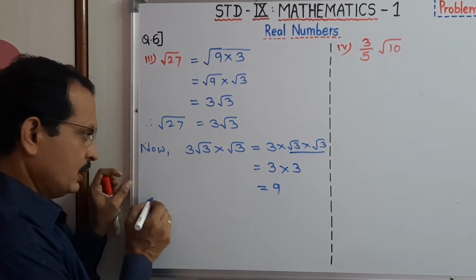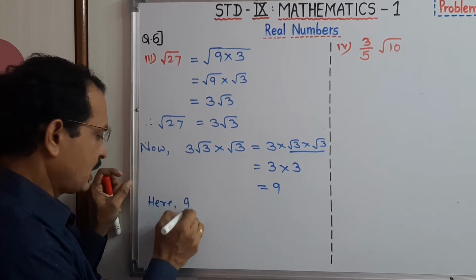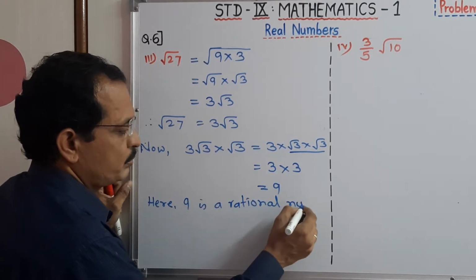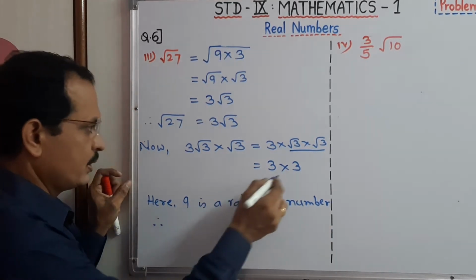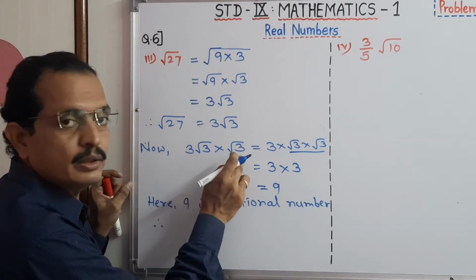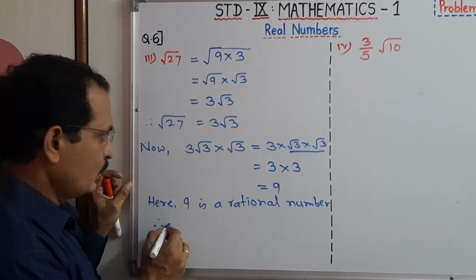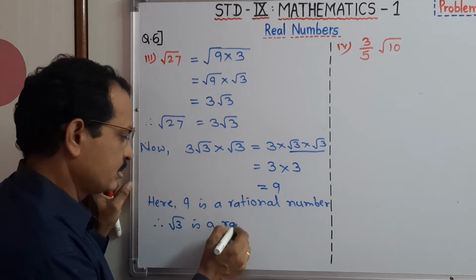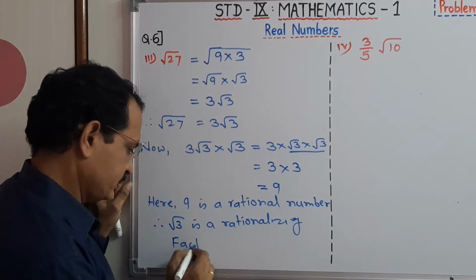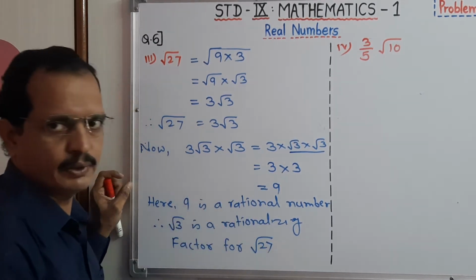Therefore 9 is a rational number, and when we get this 9 as a rational number by multiplying with root 3, this root 3 is known as a rationalizing factor for root 27.